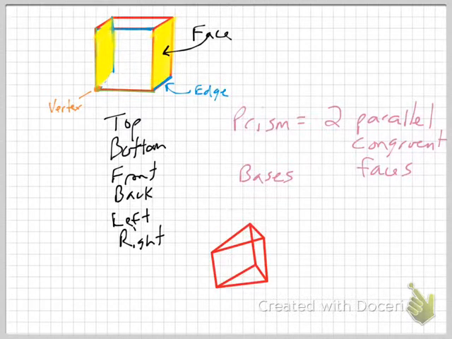Where are the two congruent faces? Where are they? The top and the bottom in this situation. Do you see that the top and the bottom are parallel and they are congruent? You have to be able to see this. There's not going to be a lot of math in this lesson. You have to be able to see this. Do you see how they are congruent and they are parallel? Yes.